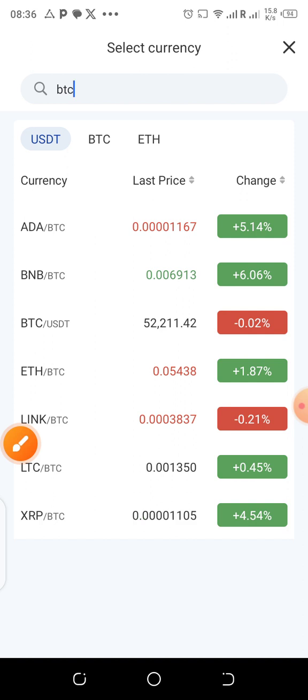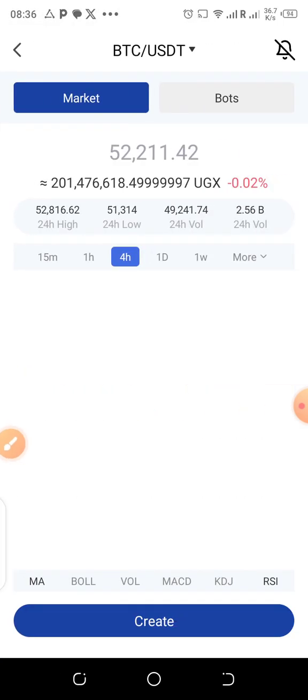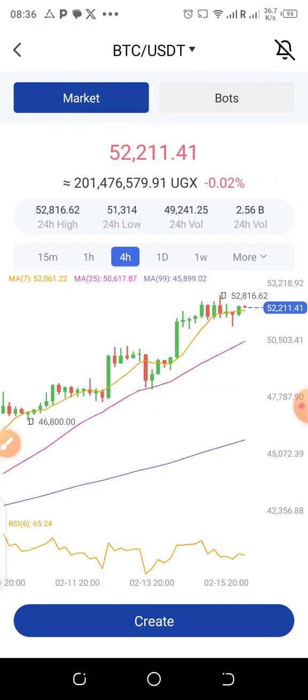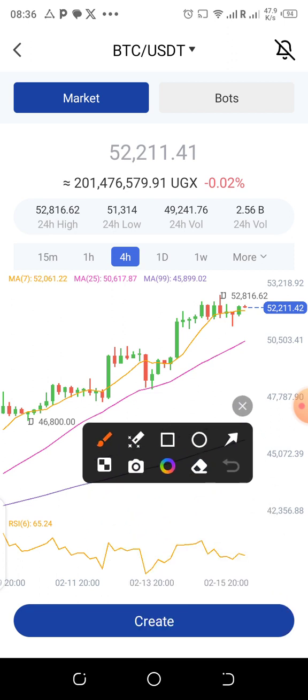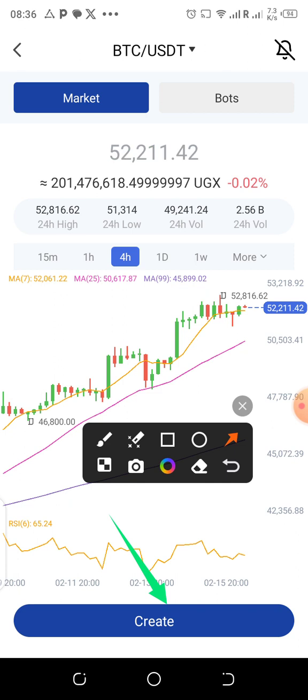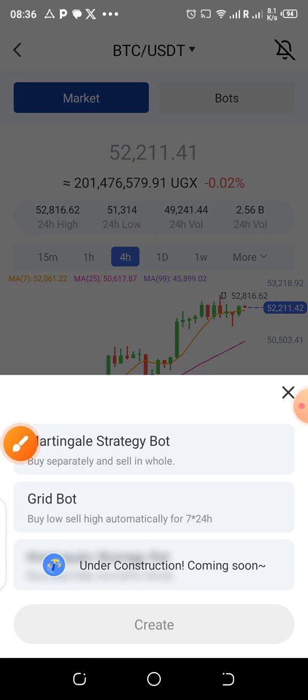So let's tap on BTC USDT. After tapping on BTC USDT, you are going to see down here this word create. So let's tap on create.